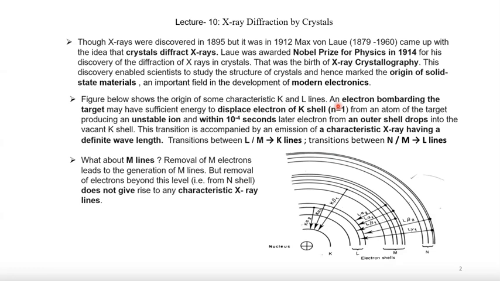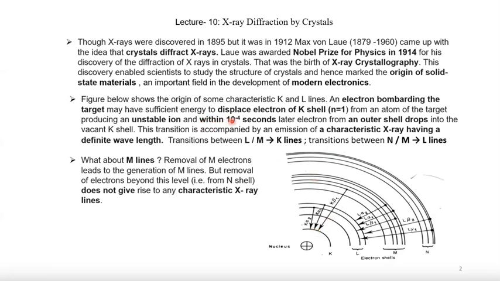sufficient energy is there to displace an electron, that is, a principal quantum number 1 shell electron. And we know that a vacant place could not remain there.